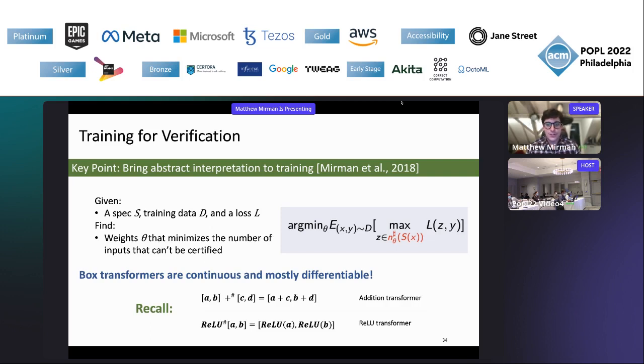So addition turns into two addition operations. Similarly, ReLU turns into two ReLU operations. We know that we can optimize addition well with gradient descent, and we know that we can optimize ReLU well with gradient descent. So it follows that we should be able to optimize the abstract addition and abstract ReLU fairly well with gradient descent.